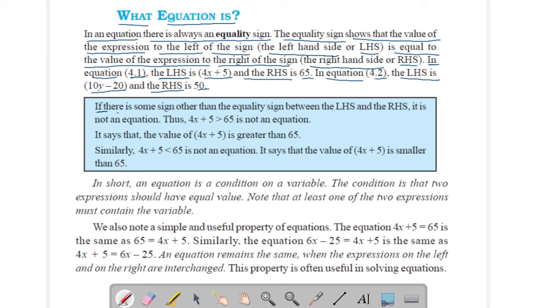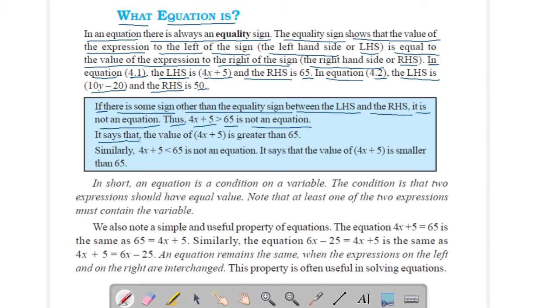If there is some sign other than the equality sign between the left hand side and the right hand side, it is not an equation. Thus 4x + 5 > 65 is not an equation.